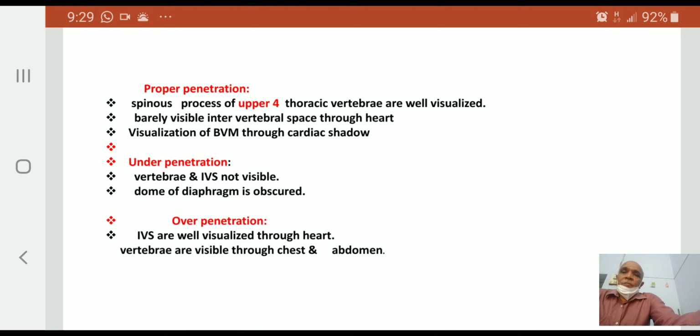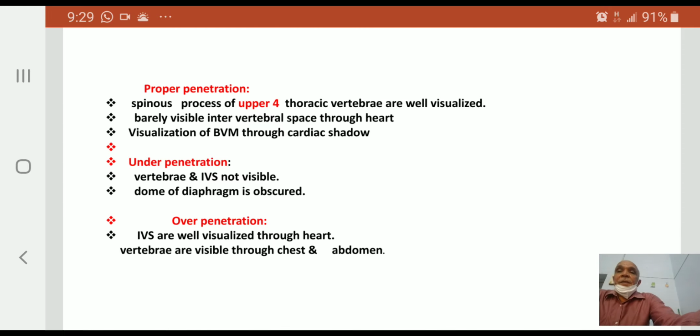If the vertebral and intervertebral spaces are not visible, and the dome of the diaphragm is not clearly visible, then we can say this is under penetration.